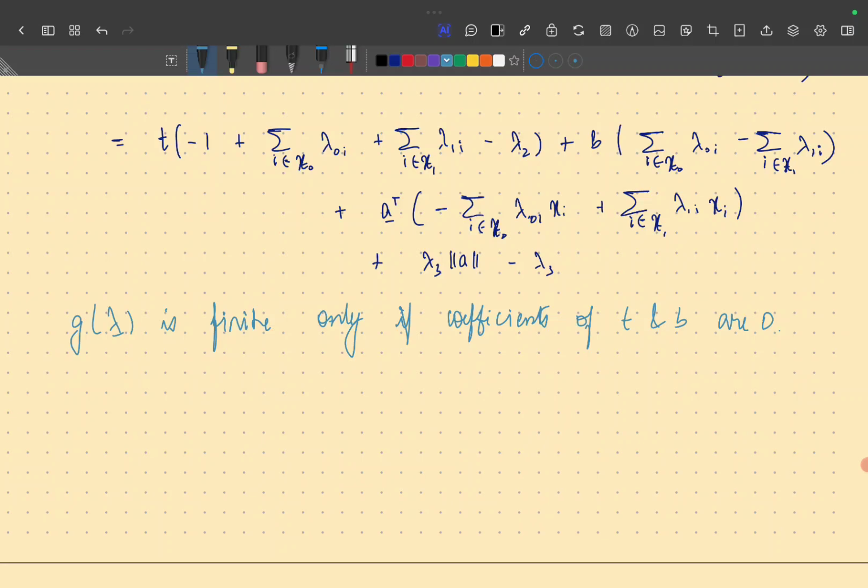Now we know how to minimize with respect to B and T. What about A?